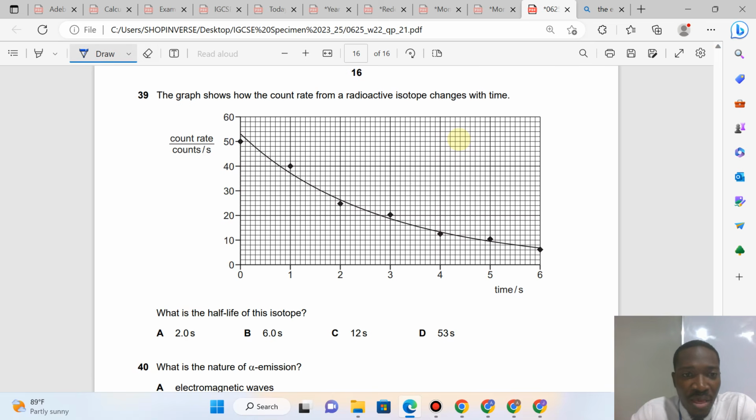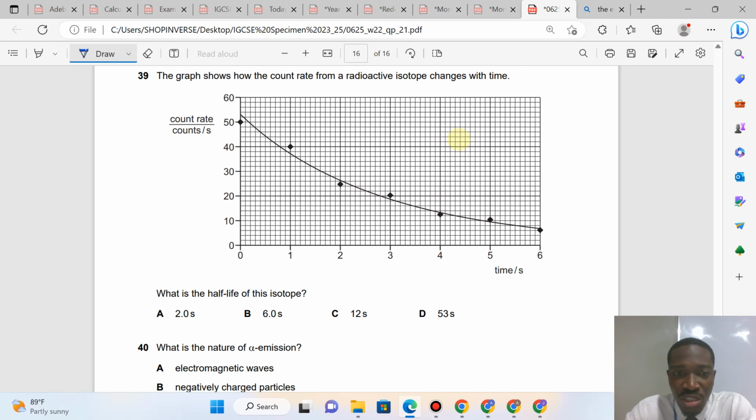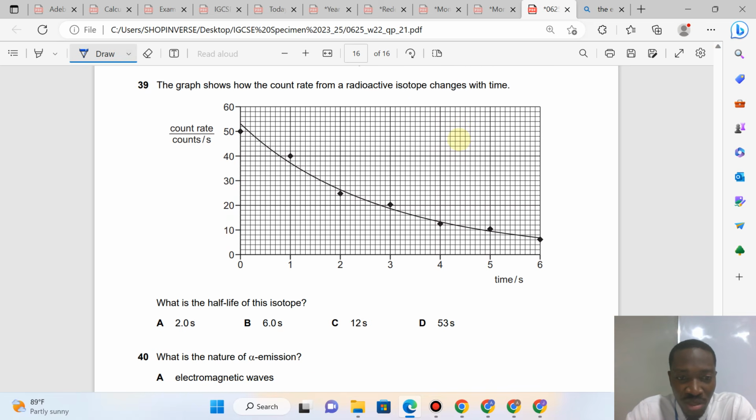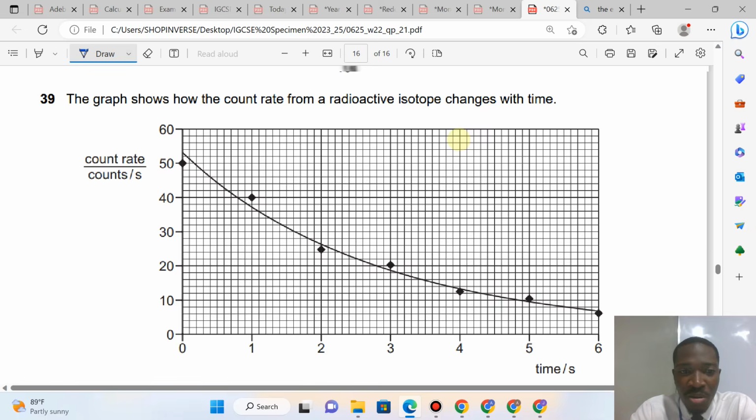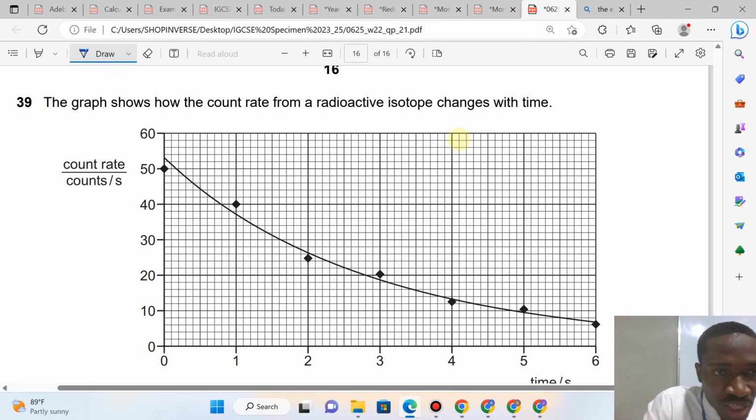Question 39. The graph shows how the count rate of a radioactive isotope changes with time. What is the half-life of the isotope? Half-life is the time taken for half the number of atoms to decay. So initially, what do we have here? Initially, we have 0, 1, 2, 3, 4, 5. 5 gives us 10.